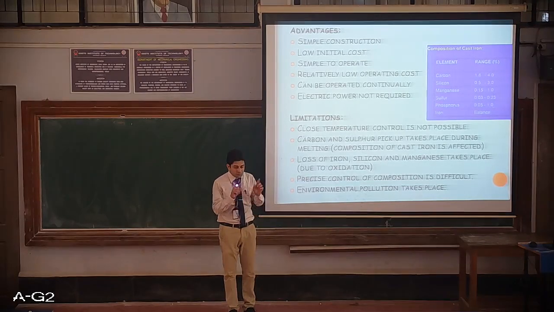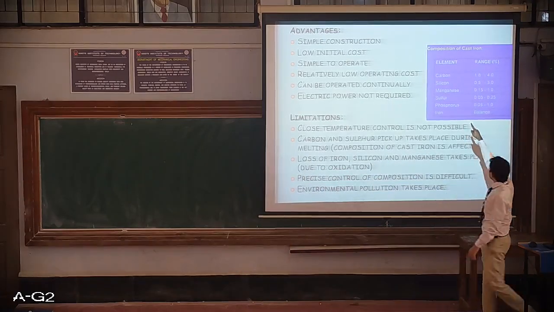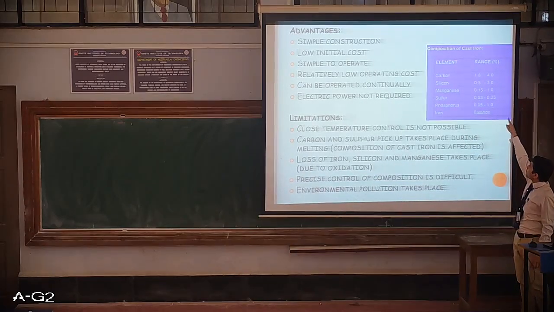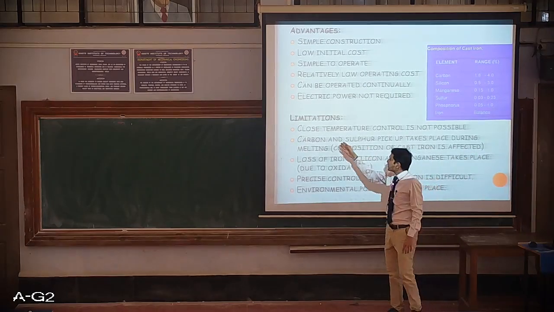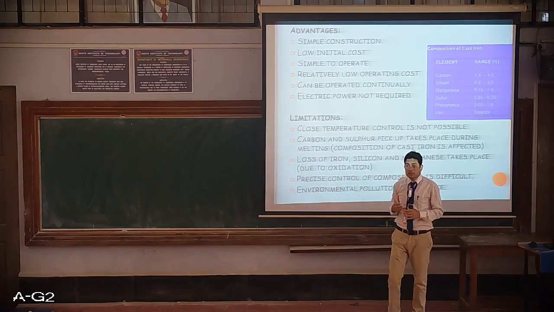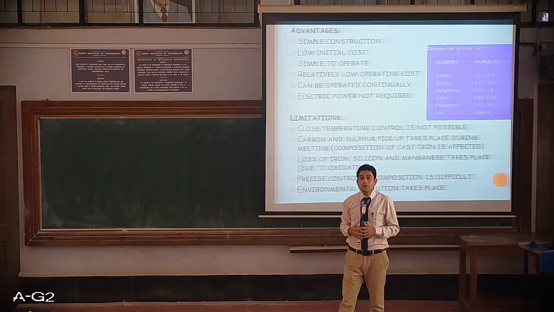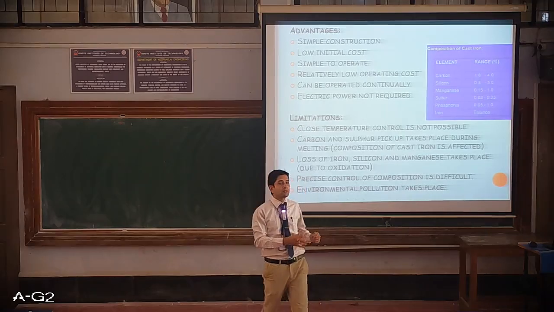If you see the composition of cast iron, the percentage of carbon should be about 1.824%. But because the cast iron picks up sulfur and carbon from the charcoal used for burning, the percentage of carbon increases, and because of this the final casting will be very brittle in nature. So that is the problem associated with this kind of furnace.